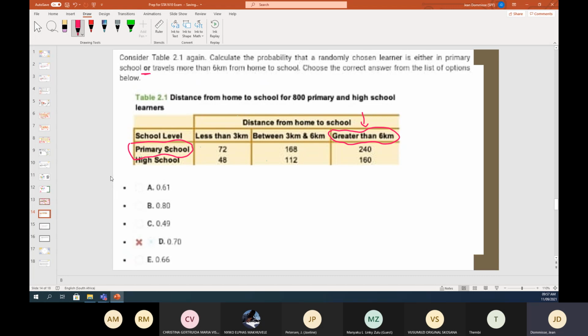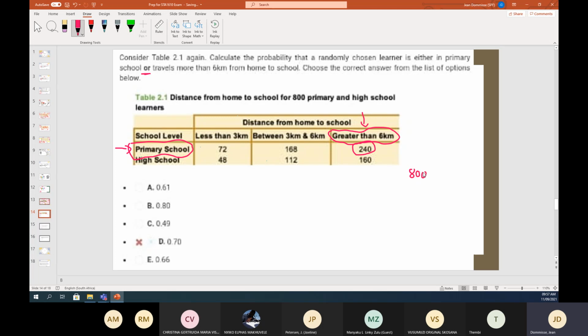Okay, so this one is not "and". They're not asking us what the probability is that this learner is in primary school and is greater than 6 kilometers, because then it would have been just the 240 divided by 800.